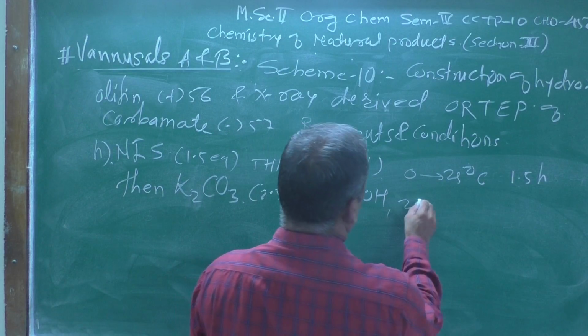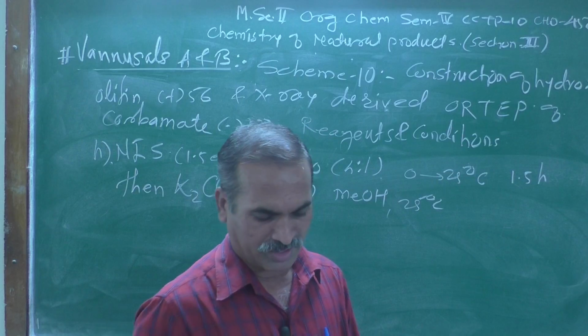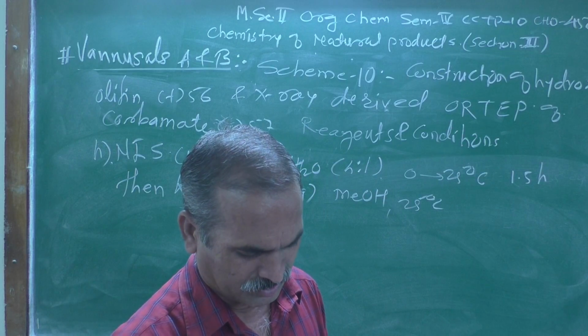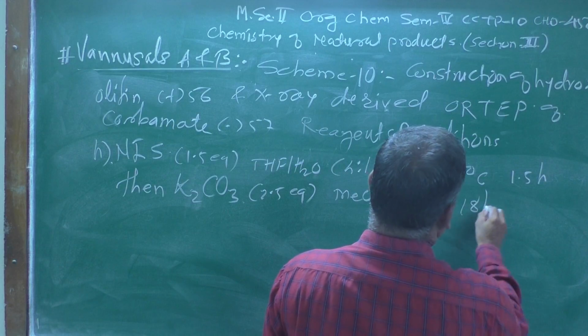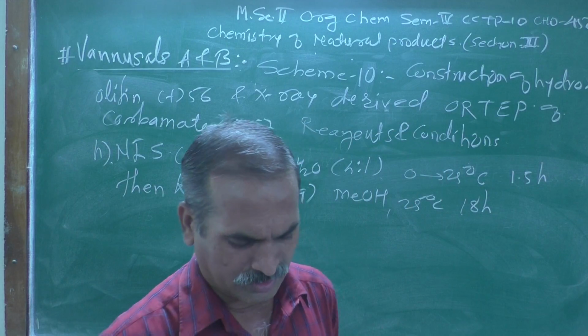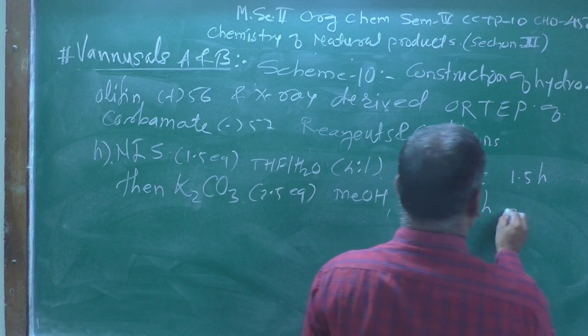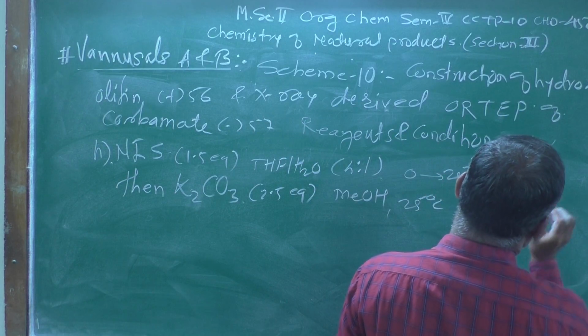Temperature kept 25 degrees centigrade, and the mixture was stirred for about 18 hours, and a 91% overall yield is obtained.